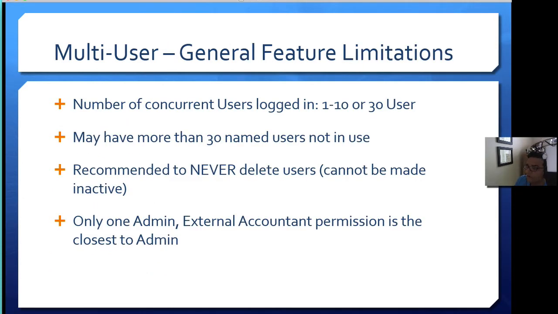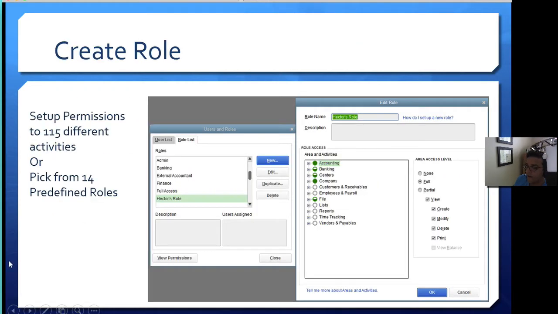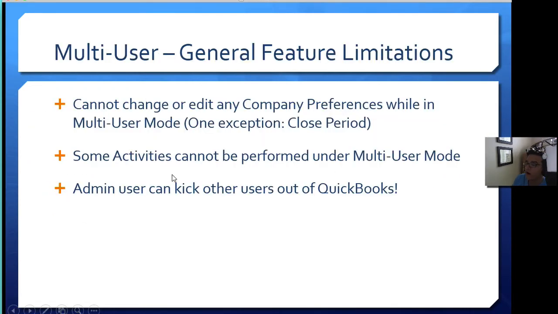Okay, some other important topics to discuss here are that you cannot change or edit any company preferences while on multi-user mode, with the exception of closing the period. Closing the period is the only company preference that you can do while in multi-user mode. So I will show you that, by the way.